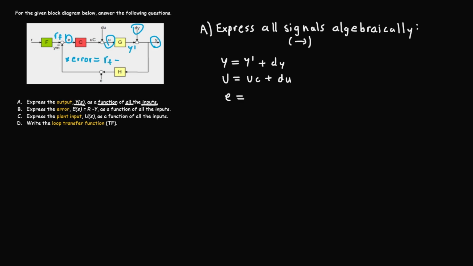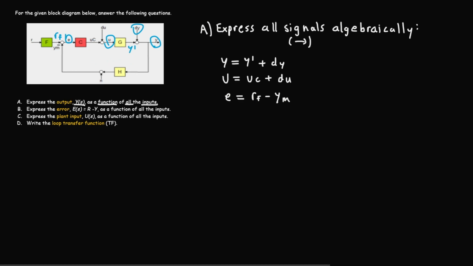So now this error is going to be equal to RF minus, in this case, since we have a loop, this will be minus YM. And so that is the expression for error. So signal E is simply equal to RF minus YM.